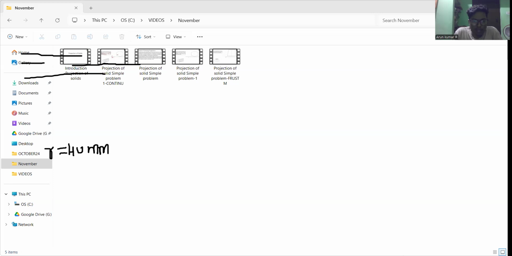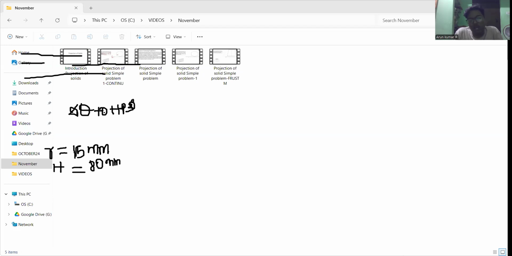Sorry, the diameter is 30, so the radius is 15 mm, and the height is 80 mm. The inclination angle theta to the HP is 30 degrees. These are the given data.